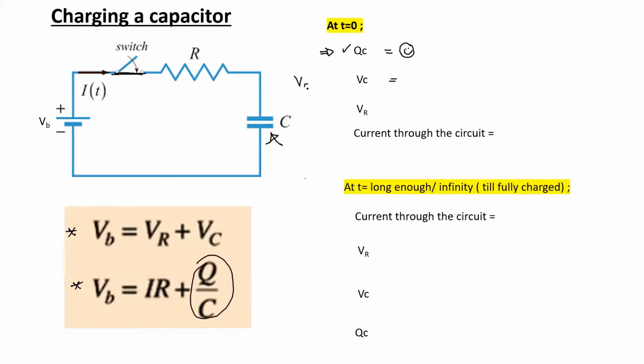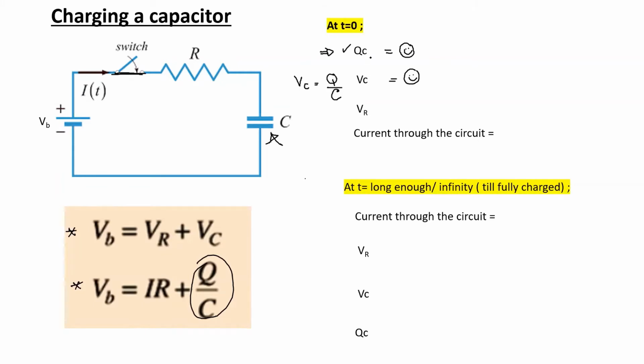Voltage across the capacitor is given by Q divided by C. So look at this equation and tell me what should be the voltage across the capacitor? What should it be? 0, right? So it is also 0. Why? There is no charge in the capacitor.